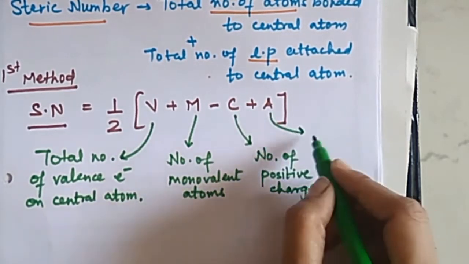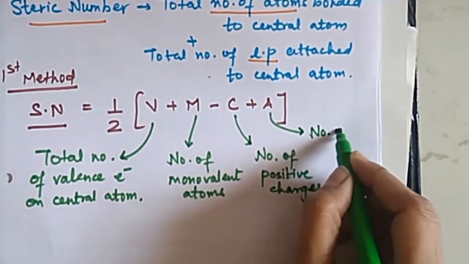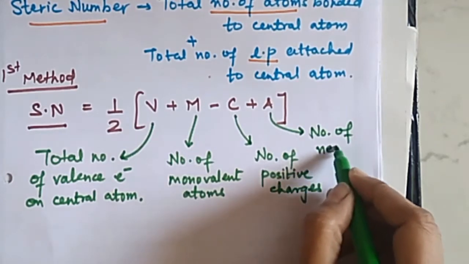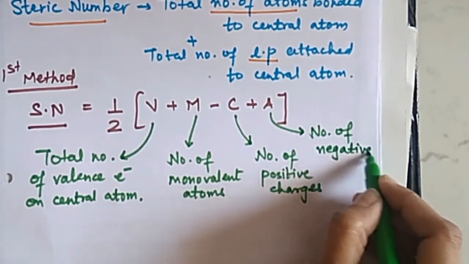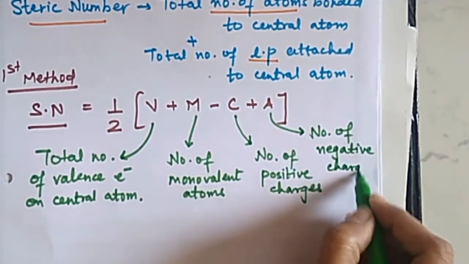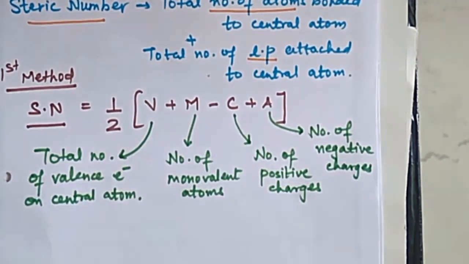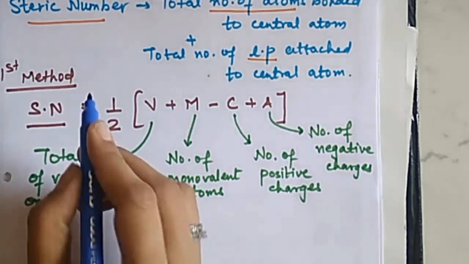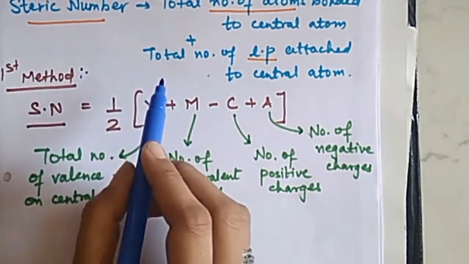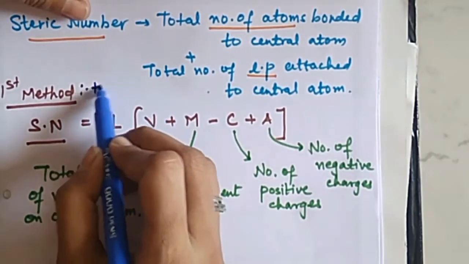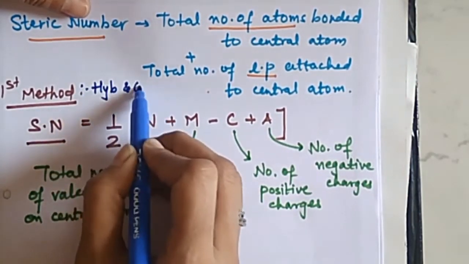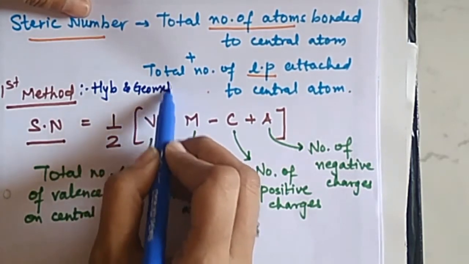And A is the number of negative charges present, or we say anion. So this is the VMCA method, using which we will be able to predict the hybridization and the geometry of the molecule.